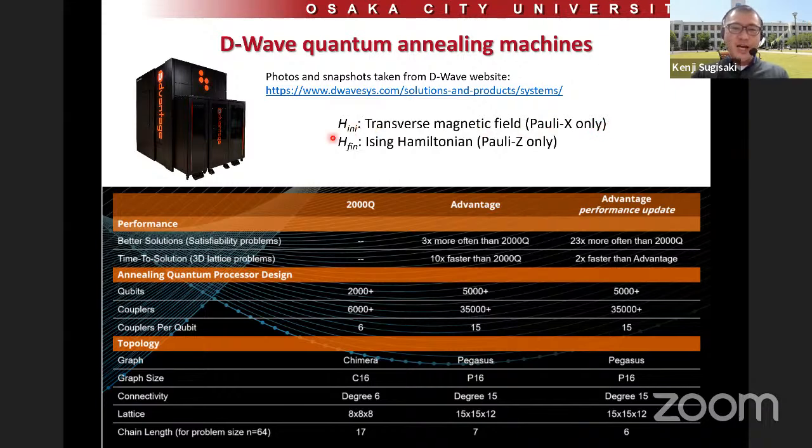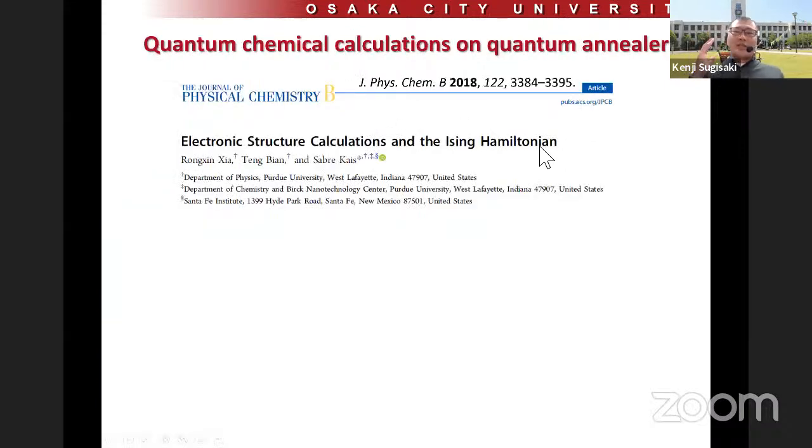And the final Hamiltonian is the Ising Hamiltonian, so it includes only Pauli Z operators. So is it possible to perform quantum chemical calculation on quantum annealers? This is possible, but we have to transform the electron Hamiltonian. We have to map the electron Hamiltonian to the Ising Hamiltonian.